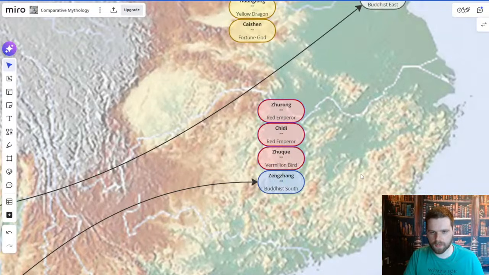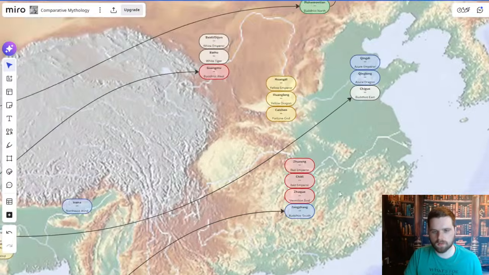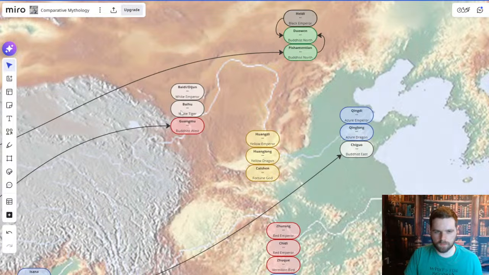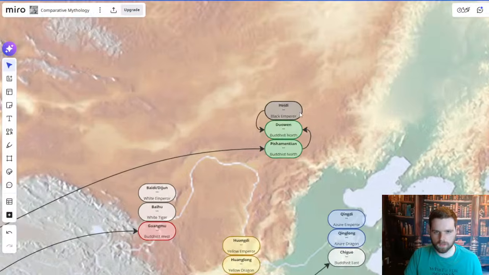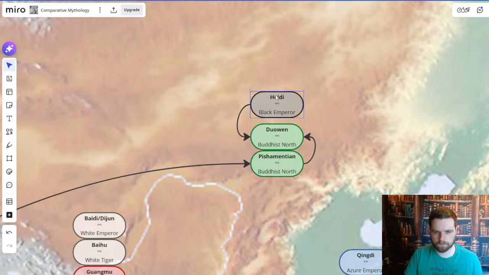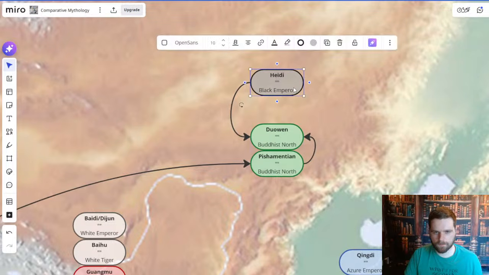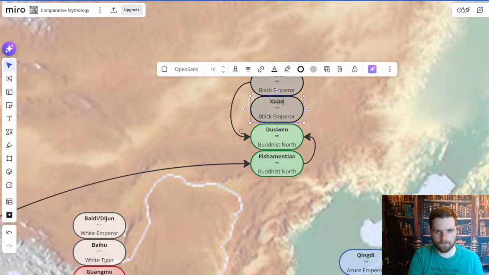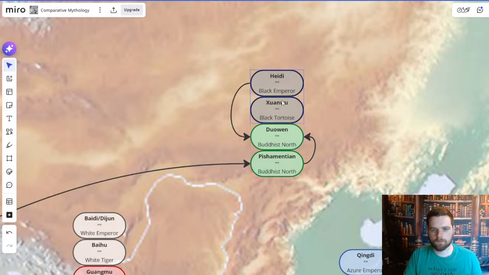Everyone gets to see how bad I spell things sometimes. Okay, that's Azure Dragon, Vermilion Bird, Yellow Dragon, White Tiger, and then up here, Black Turtle.